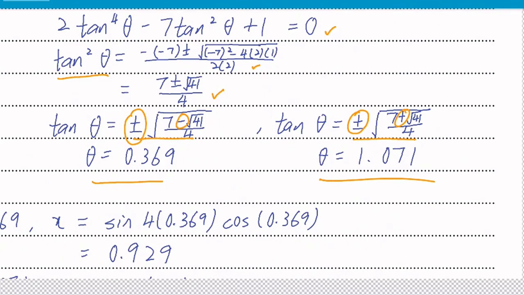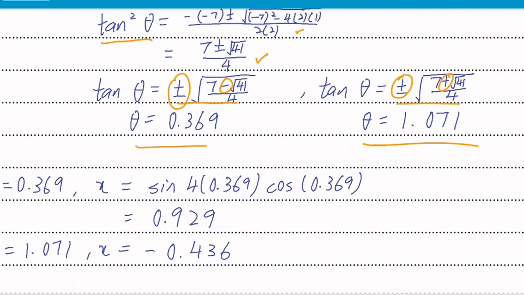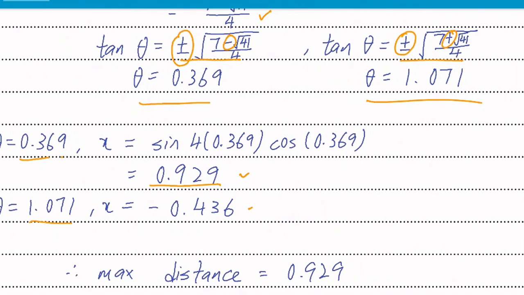We do not know yet what the maximum distance is, so we just have to substitute the theta into the x to do the checking. We found out that this is actually the maximum distance, 0.929.